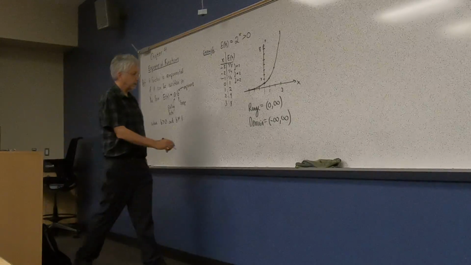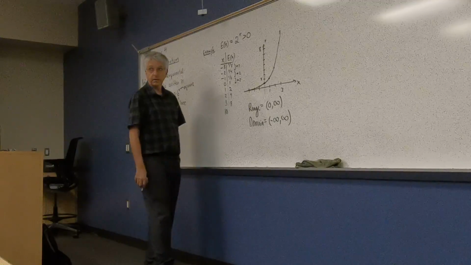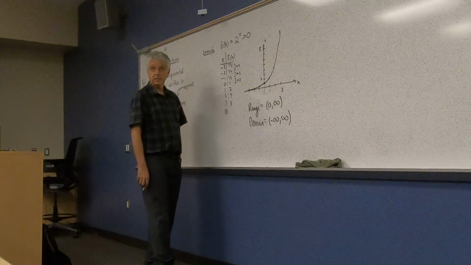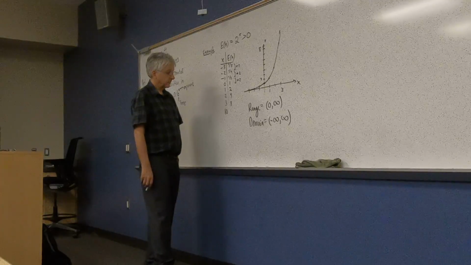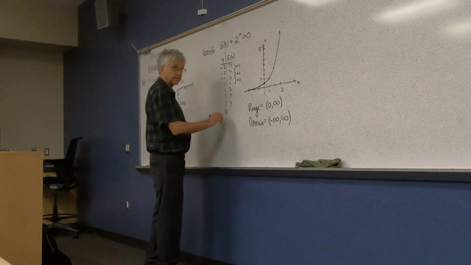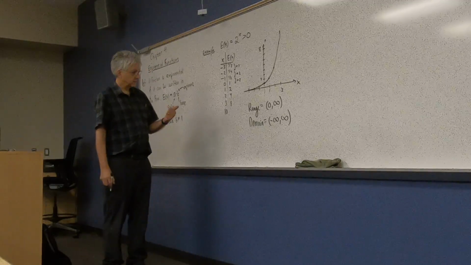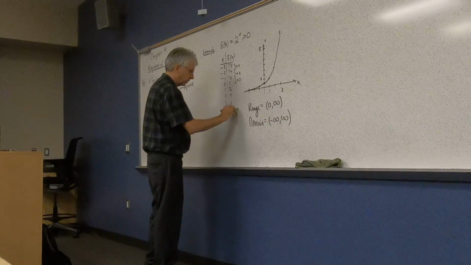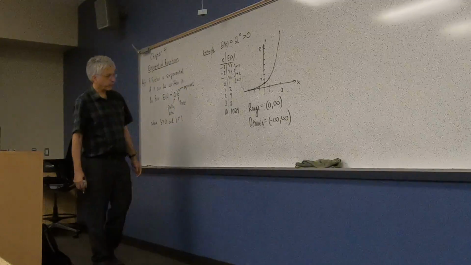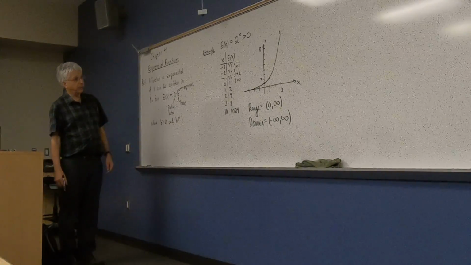So, if you put in 10, what's 2 to the 10th? 256, 512, 1024. Or 1024. That's obviously going to be over the roof somewhere.